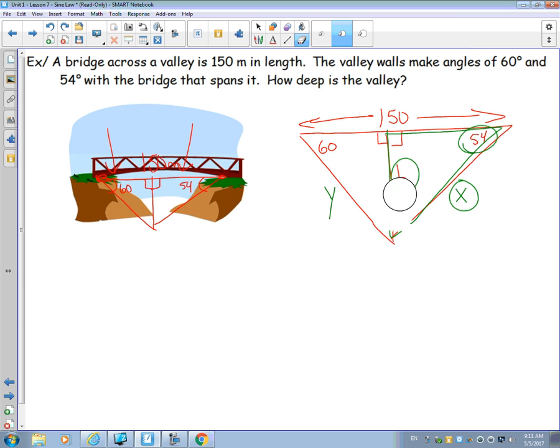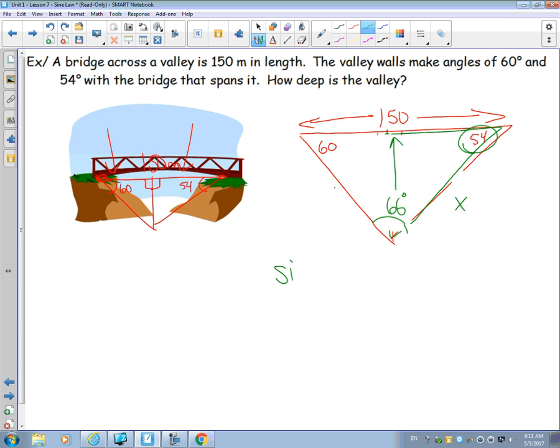Let's go back for a second. Let's get rid of this right triangle idea and just call this side x. Well, doesn't this look like a non-right triangle now? And can't we possibly find the angle in the bottom? Because we know triangles add up to 180. This angle down here has to be 66. And we know that's across from the 150. So there's a sine law question. Sine 66 goes with 150.